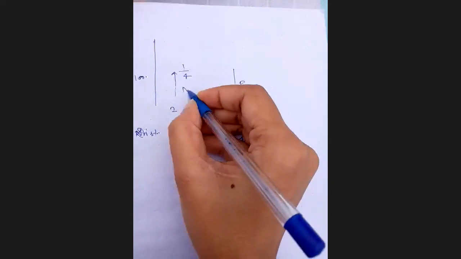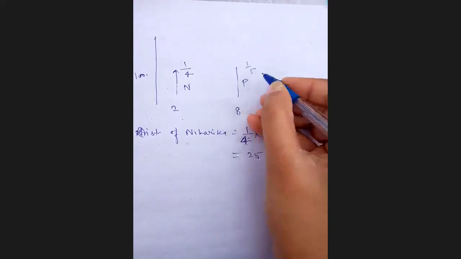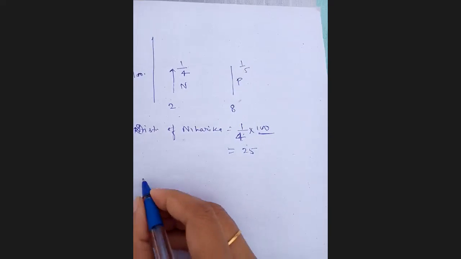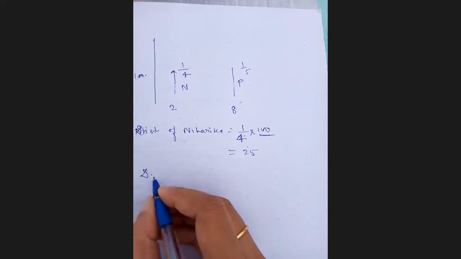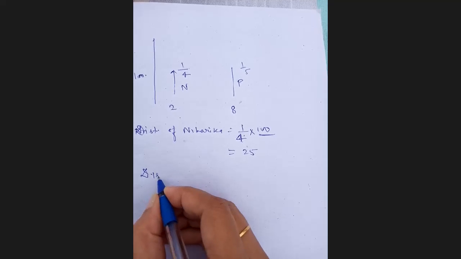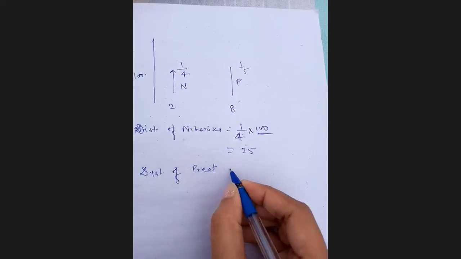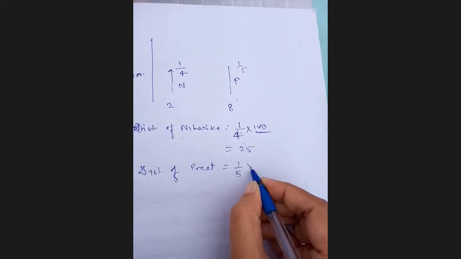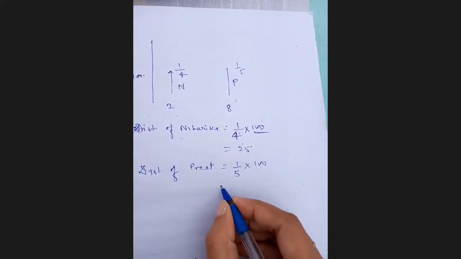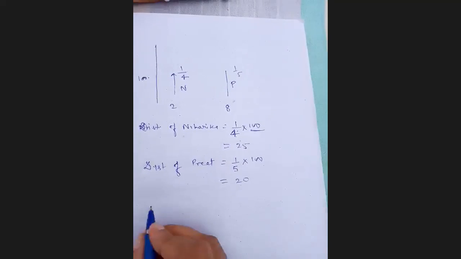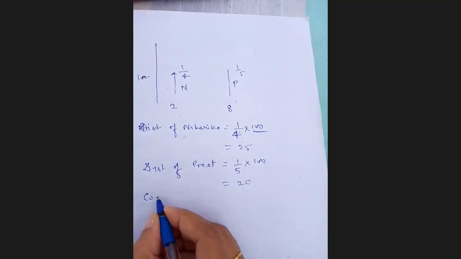This is Niharika and this is Preet. 1 upon 5th part. So distance of Preet equals to 1 upon 5 into 100. कितने find होंगे? 20.